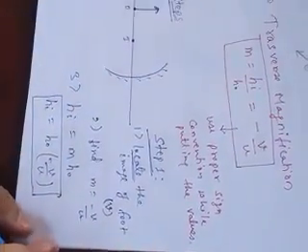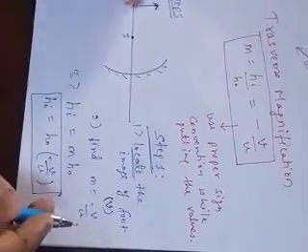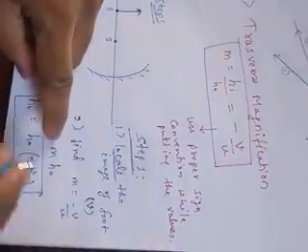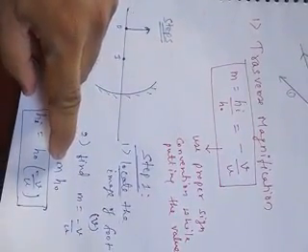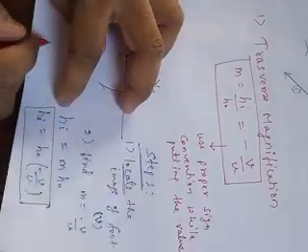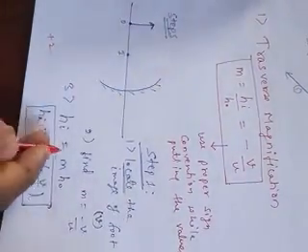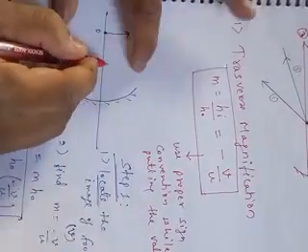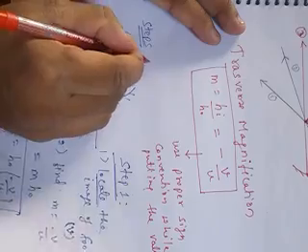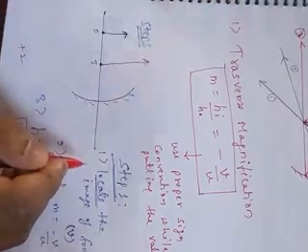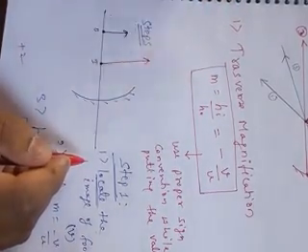Okay. So suppose in a particular question the magnification comes out as +2. +2 means the image is going to be double the object size and on the same side of the principal axis, I mean upwards.